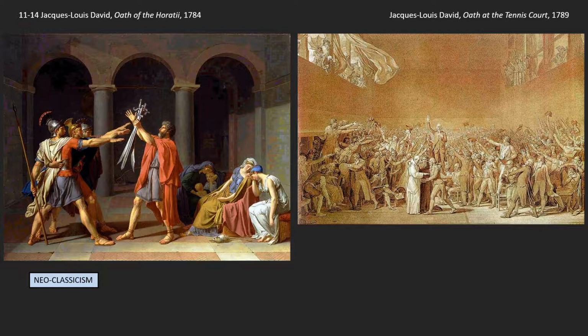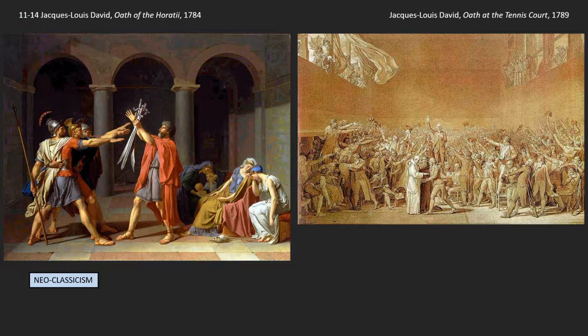Each of these were in the French salons, the annual shows of French Royal Academy members, sponsored by the French Royal Academy. So it's first shown in the Salon of 1785, and then shown again in the Salon of 1789, immediately after the Revolution, the storming of the Bastille, where the revolutionaries swore to fight unto death for freedom.